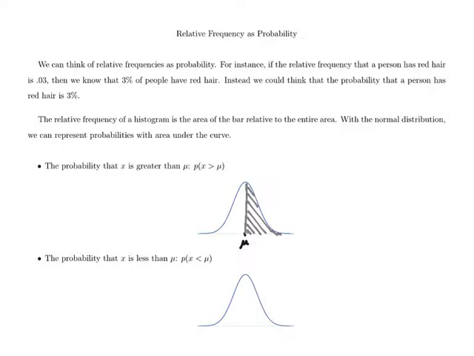If we know that's going to be greater than the mean, then the probability here is going to be 50%, or 1/2, as half the area is going to be above the mean and half is going to be below the mean. Which gives us our next example too. The probability that x is less than mu, the center, is also going to be 50%, or 1/2.